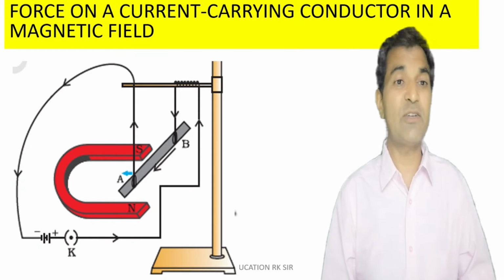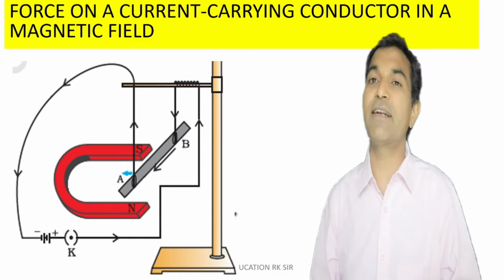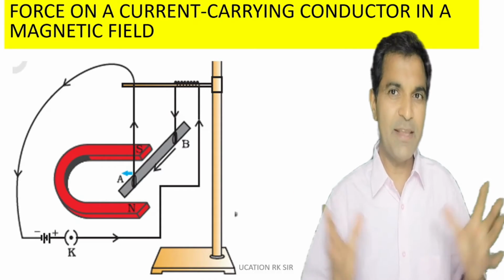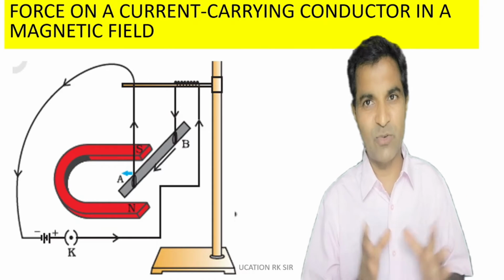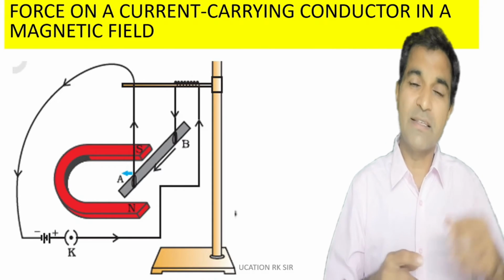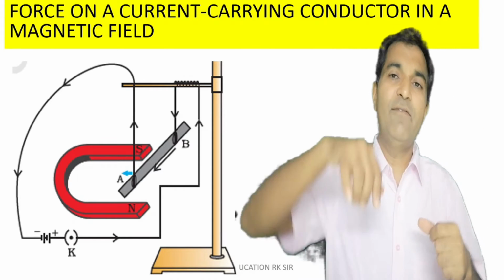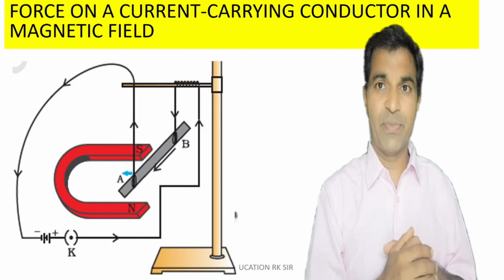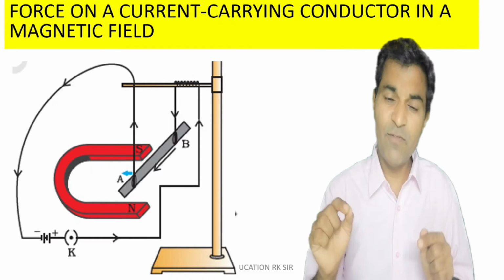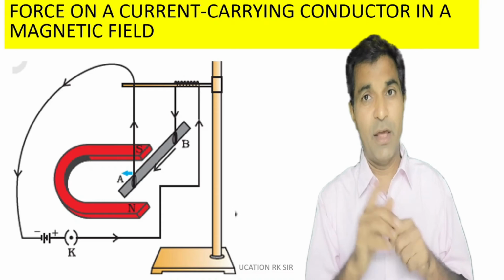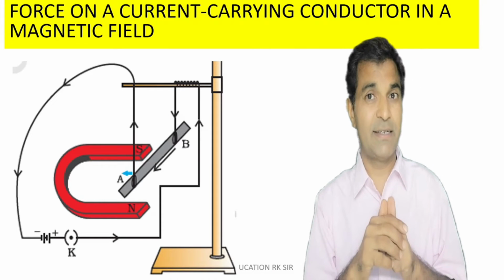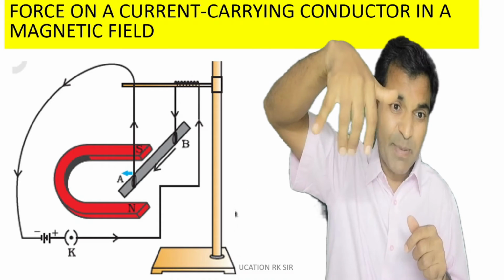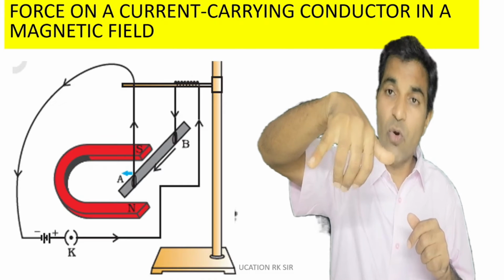Now the next topic is the force on a current carrying conductor in a magnetic field. A very brilliant item if you try to understand it in your mind. Suppose there is a magnet and we have freely suspended a rod, and we pass current through this freely suspended rod.